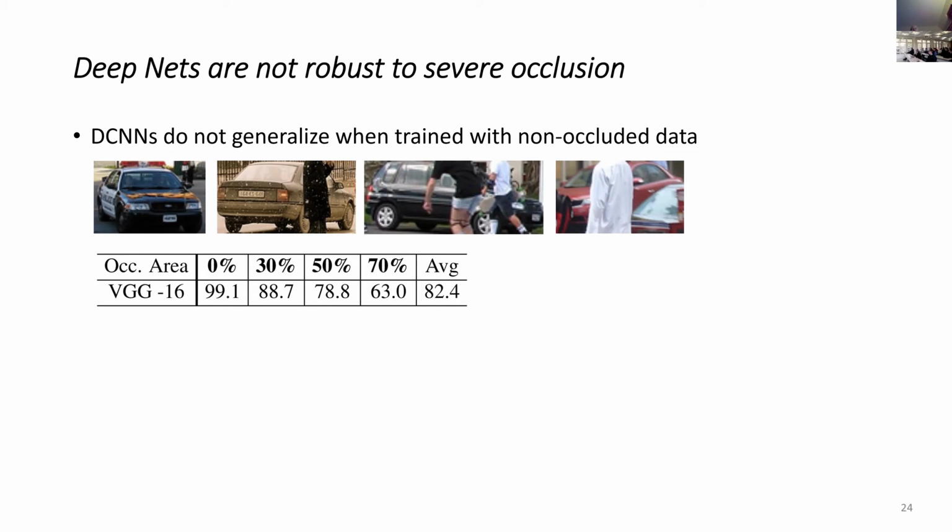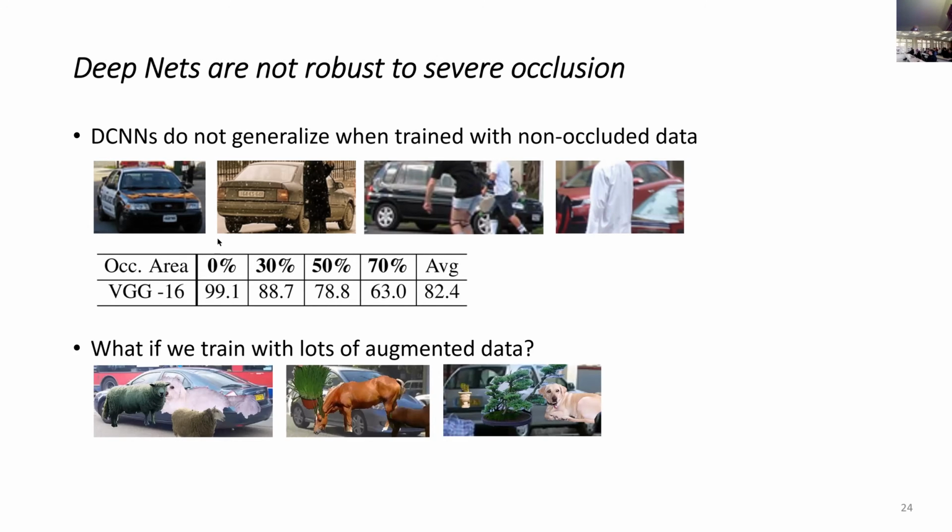They're trained to perform well on data that comes from the same distribution that they've been trained on, and this data doesn't, but still, occlusions happen in the real world. They ought to work in these cases. Okay, so this is the performance. The deep nets are very good if there's no occlusion. As you increase the amount of occlusion, they perform increasingly worse.